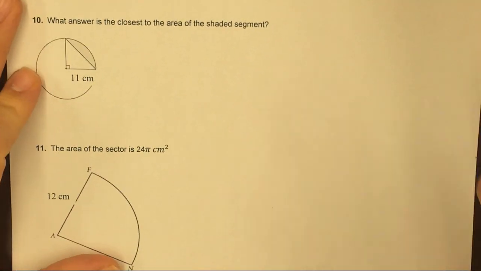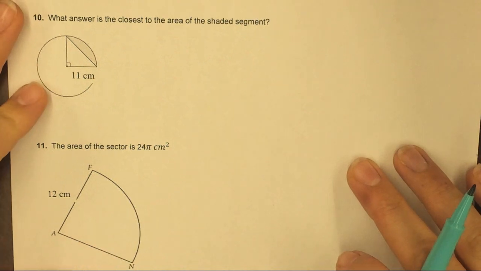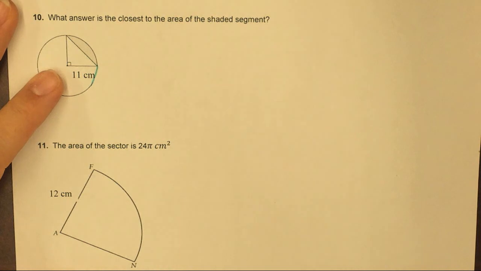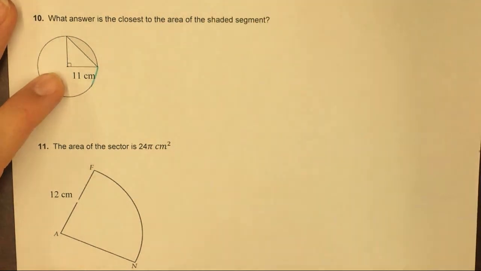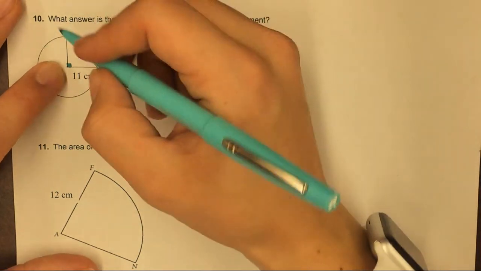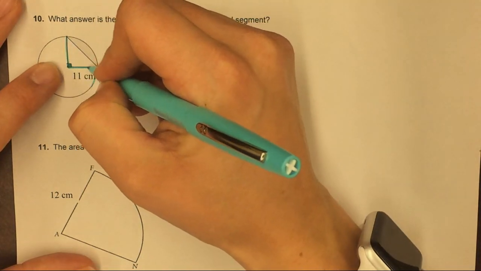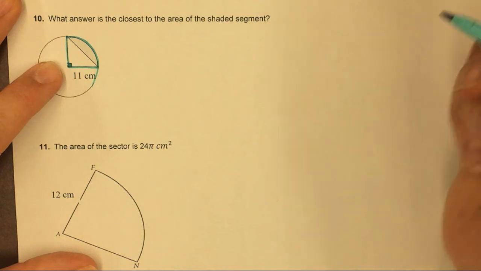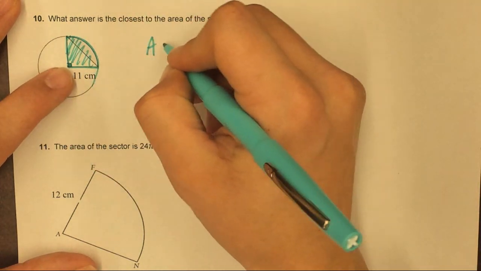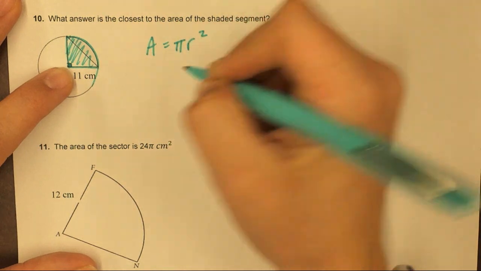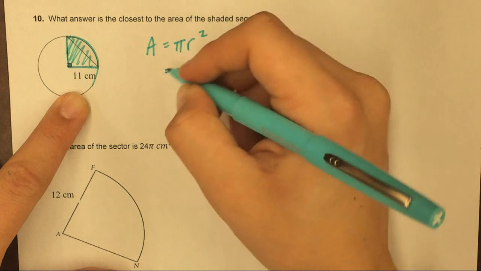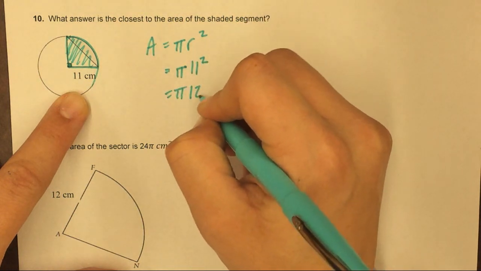What is the answer closest to the area of the shaded segment? This is similar to what we just did with that crazy gold problem. You've got 90 degrees here. So what we're going to do is find the area of the entire sector. Using the area formula of a circle, pi times radius squared, which is pi times 11 squared, that gets me pi times 121.